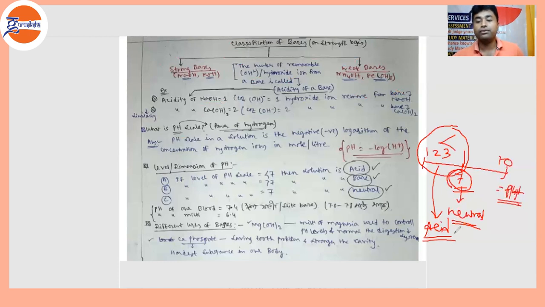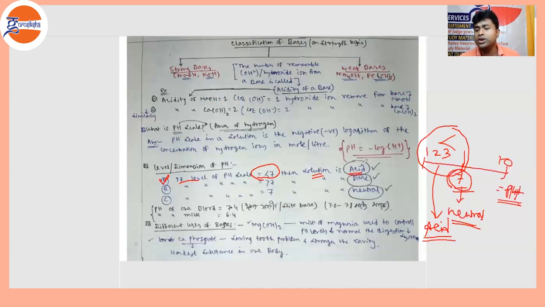If the value of pH is less than 7, then it is called acid. As I dictate here, look at this point: if the value on the pH scale is less than 7, then the solution is an acid solution.